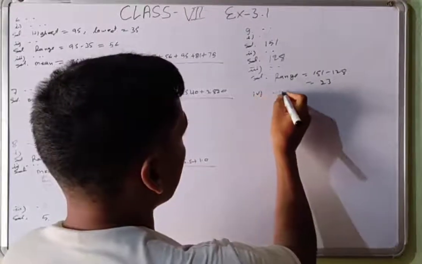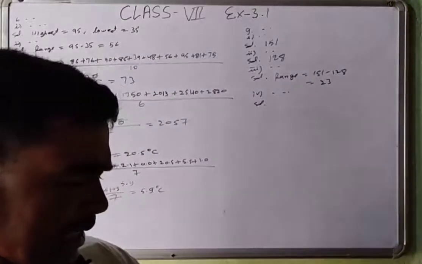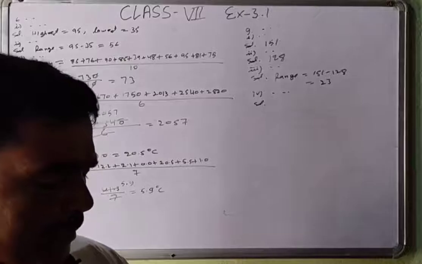Fourth part: what is the mean height of the girls?